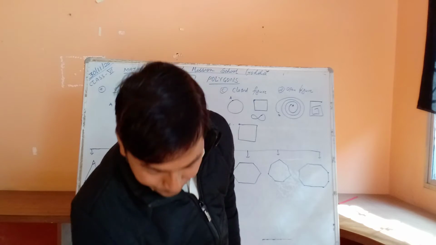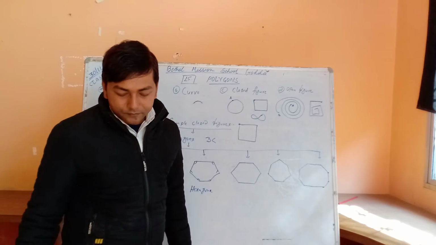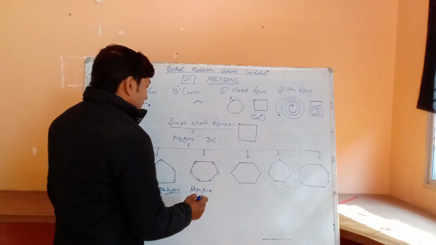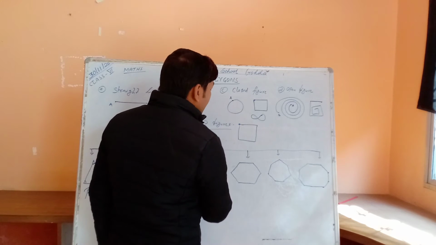And now where 7 angles are given, that is hexa, then hepta.